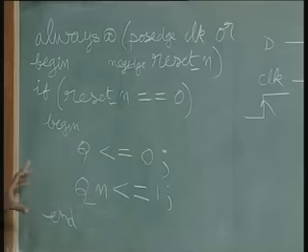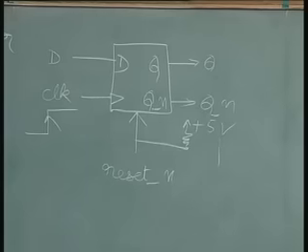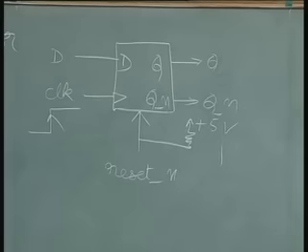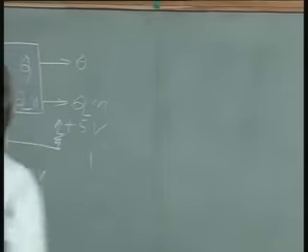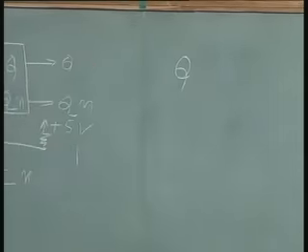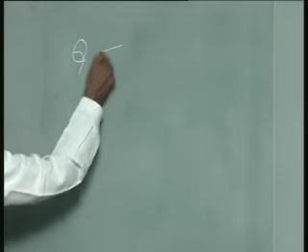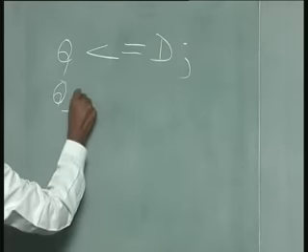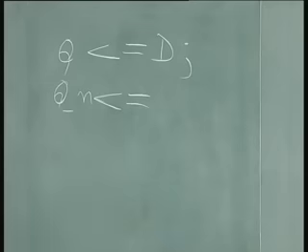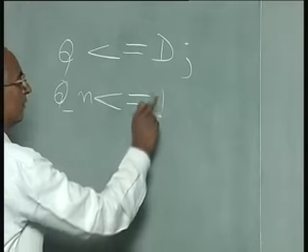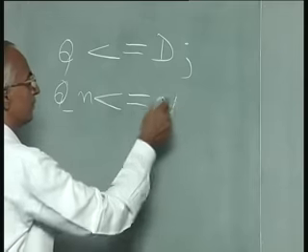And now what remains to be done is only the D input reflecting on the output Q. I will write it right here. What we want is Q to be the same as D input, and q_n must be the inverse of this D. For inverse you can use either exclamation or this symbol tilde, which I have mentioned earlier also.